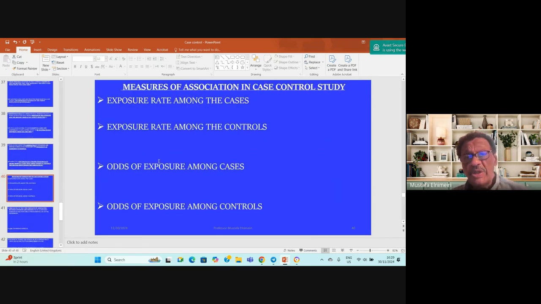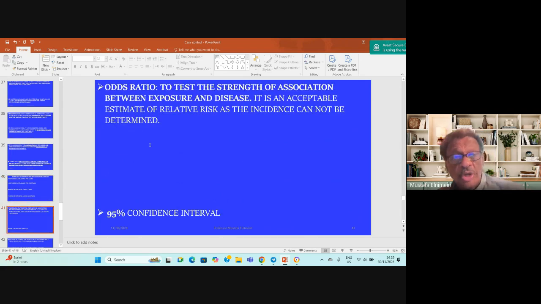Now we come to the measures of association. In case control, we need to calculate the exposure rate among the cases and the exposure rate among the controls, the odds of exposure among cases, the odds of exposure among controls, and the odds ratio to test the strength of association between exposure and disease. It is an acceptable estimate of relative risk, and the incidence cannot be determined or calculated in case control.